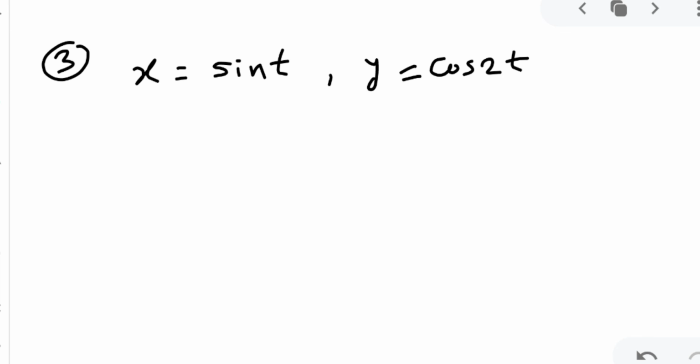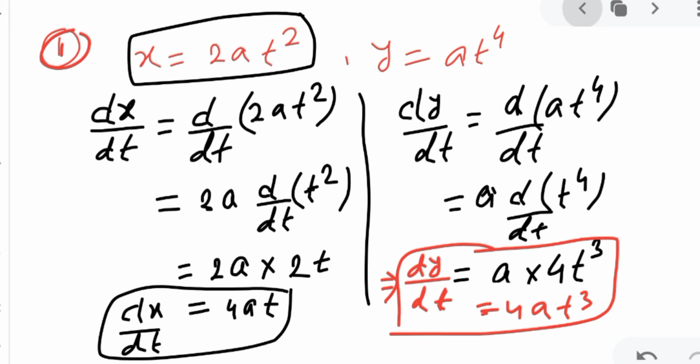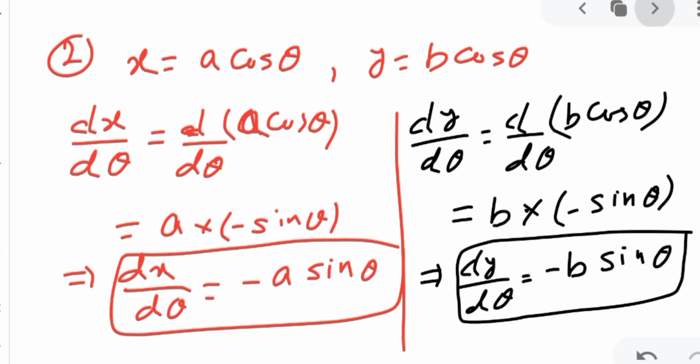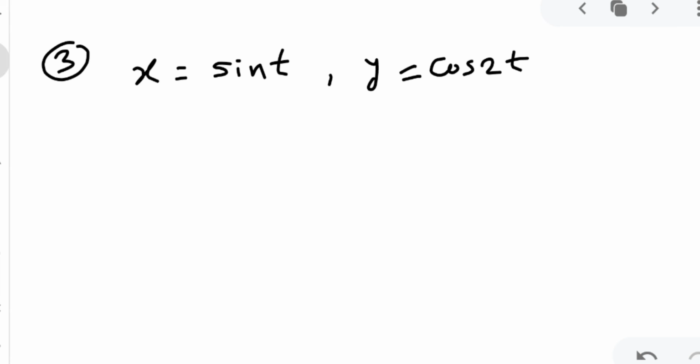I will write the question once: x is equal to sin t and y is equal to cos 2t. So in this question also we have to find dy upon dx.